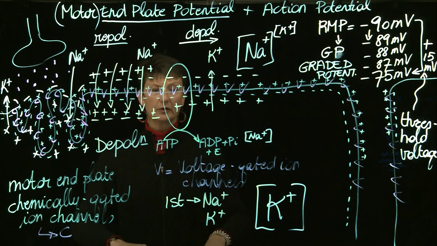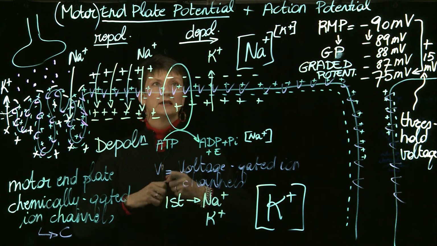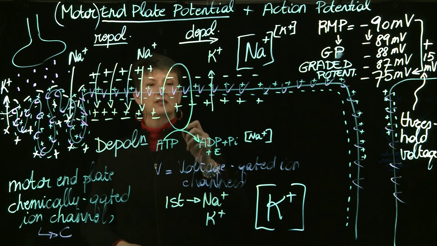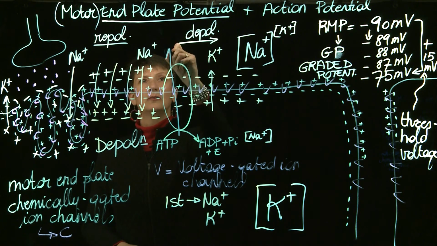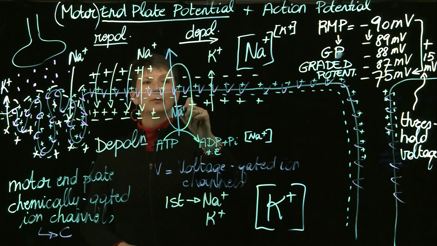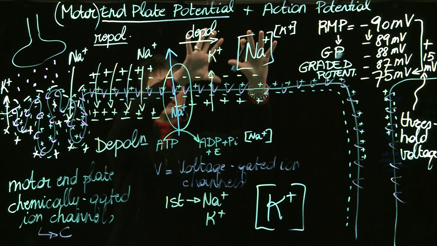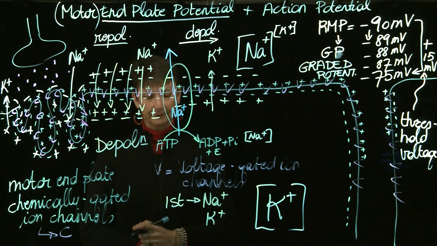So now we're going to see that instead of sodium following its concentration gradient, it's going to move against its concentration gradient. So sodium, in this scenario where we are looking at our sodium-potassium pump, is now going to move out of the cell towards where there is a lot of sodium normally.